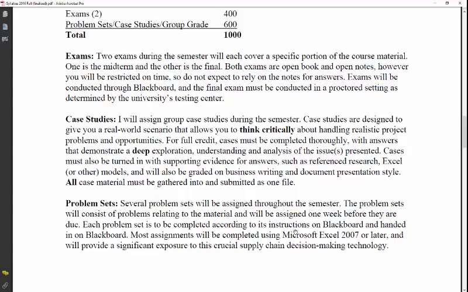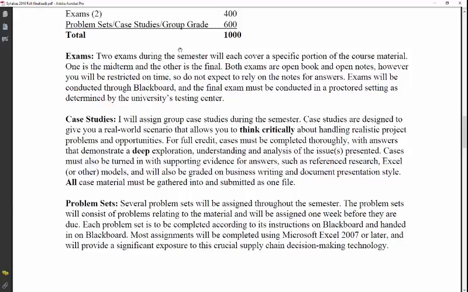Later, as time goes on, I may give you more detailed instructions for how to submit the Excel files and what the specific requirements are. If this is a group problem set, then I want only one person to do the submission. Okay, all right.